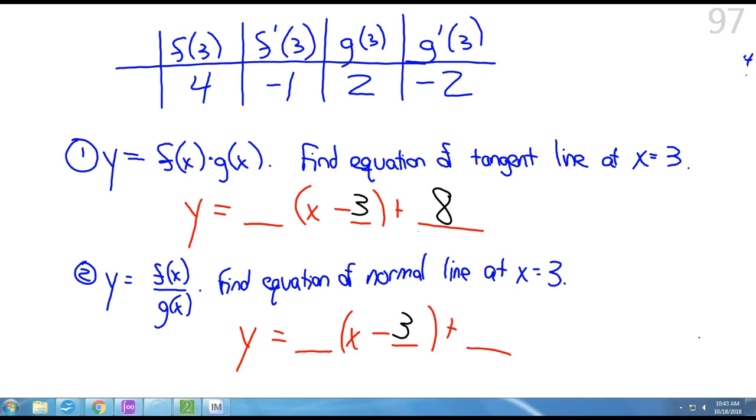Then how do you find what goes in the blank in the front? That's slope, right? How do you find slope? Derivative. What rule do you need to take the derivative? Product rule.